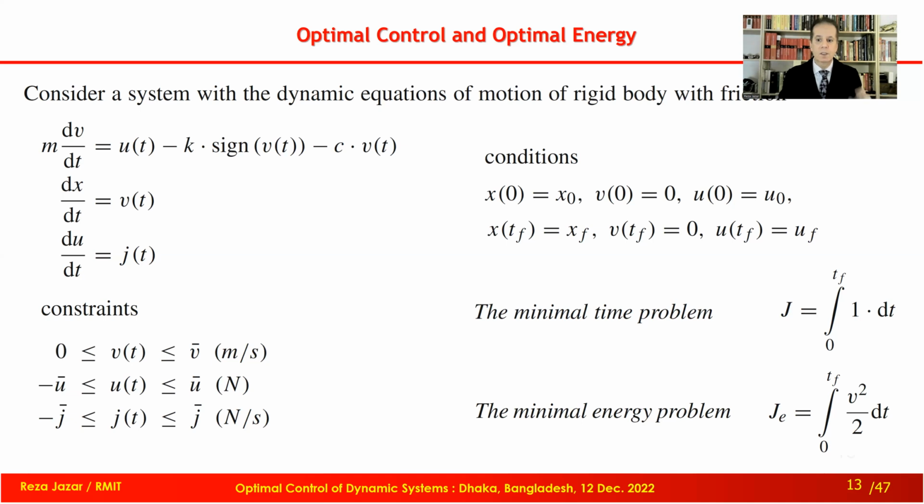If force can go to infinity, the time goes to 0. It's not practical. It's not physical. In reality, that force has a maximum. And if the condition is rest to rest, it means here we stop, at the end also we stop. I'm going to talk about this problem.